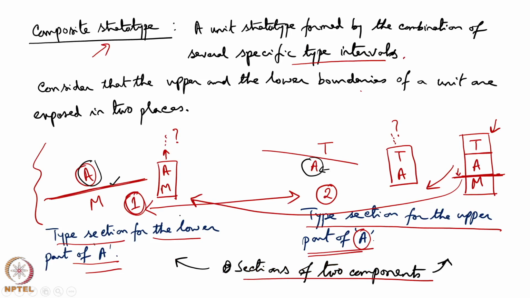So, in that case we have to consider one of them, either this one or that one, as the holostratotype. You can see that I have drawn this contact non-horizontal intentionally, so also over here.